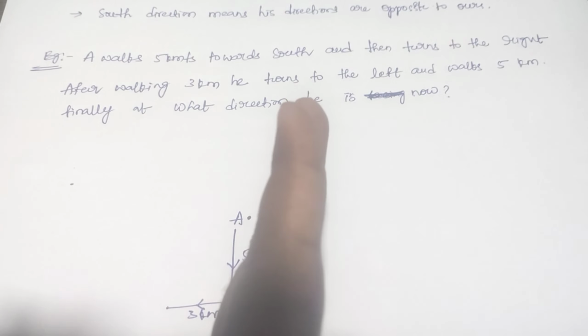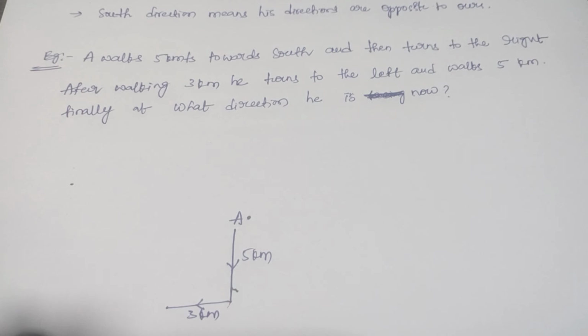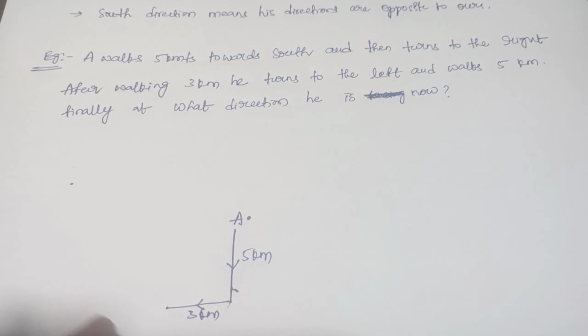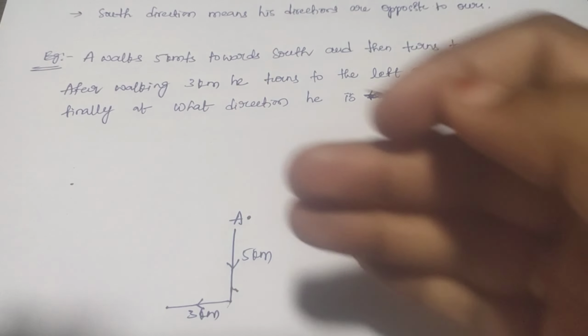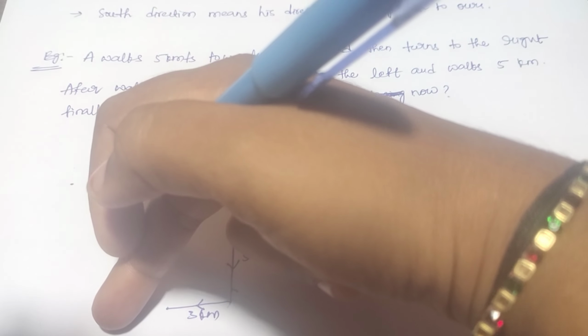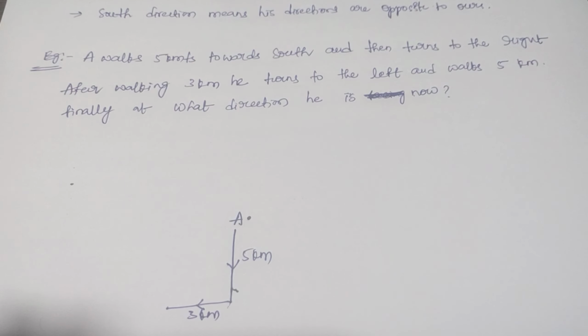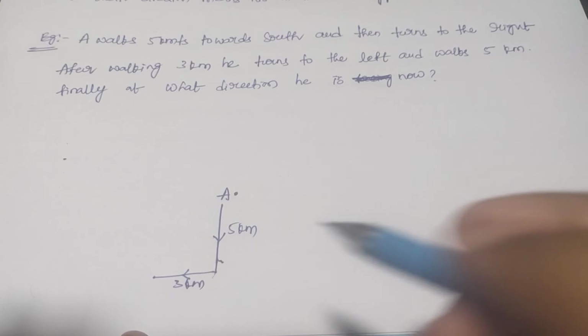Why? Because A is walking in this direction. Got it? Now we have to take a smaller line than this. Then he turns to the left. Now A is facing this direction. This direction means left is downwards, right? Left and walks 5 kilometers.